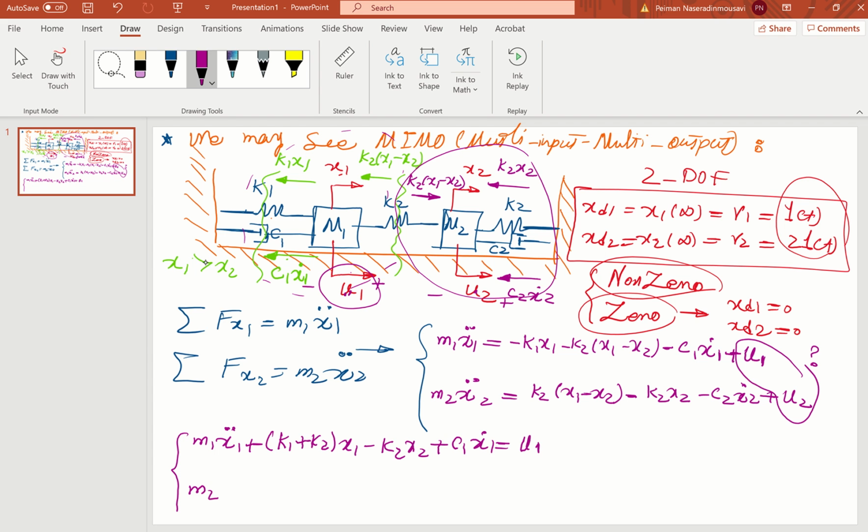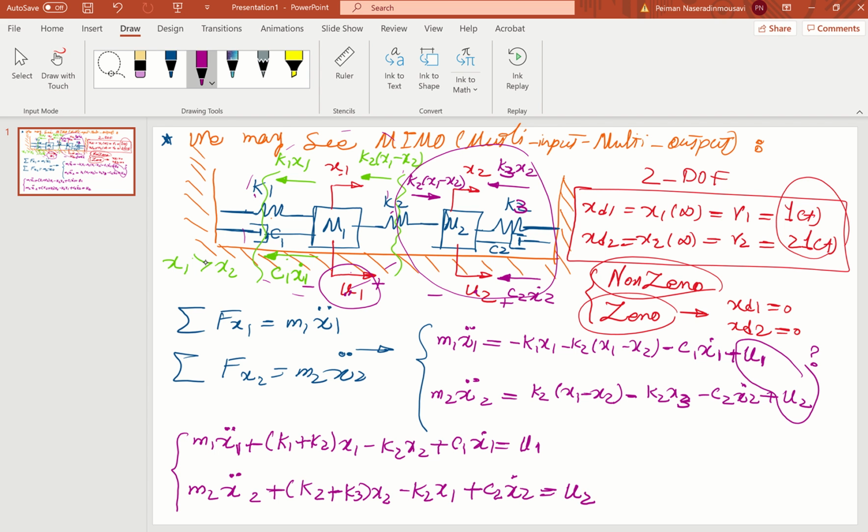And now M2 x double dot 2 plus (K2 plus K3) x2 minus K2 x1 plus C2 x dot 2 is equal to U2, the controller that we are going to design today in theory and in Matlab, right?